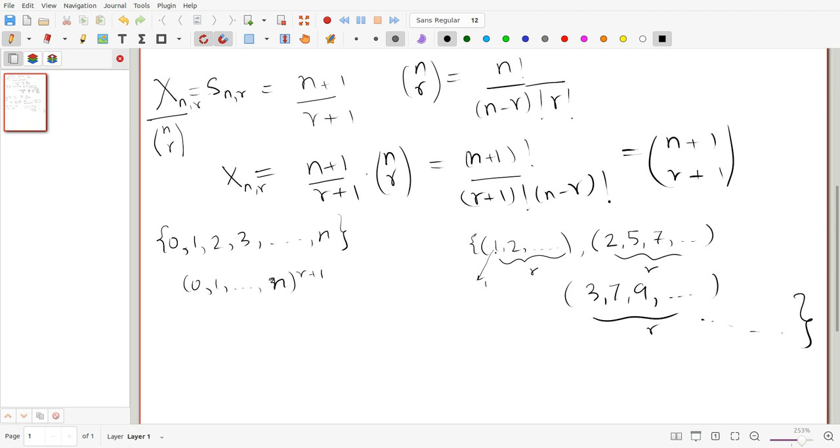It immediately becomes a set of size r plus 1. And obviously, because it is a set of size r plus 1, with elements ranging from 0 to n, it must be in this list of sets that we were writing. Adding a 0 is just basically saying I'm counting this one subset.